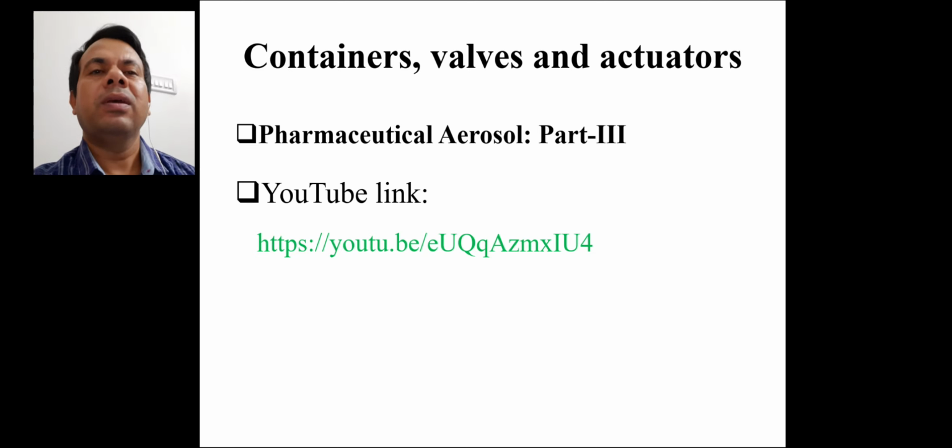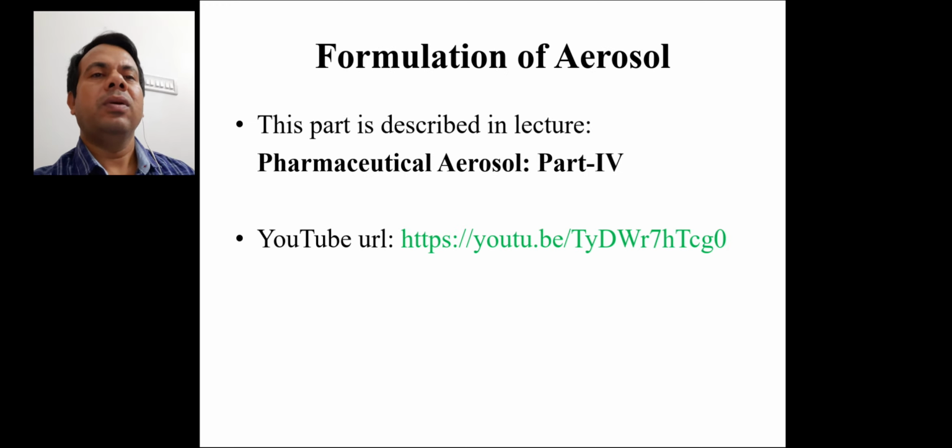These parts we have learned in part 3, and we have provided the link of part 3. Next is formulation of aerosols. This is the fourth part, and we have already discussed it in part 4, and the YouTube link is given here.